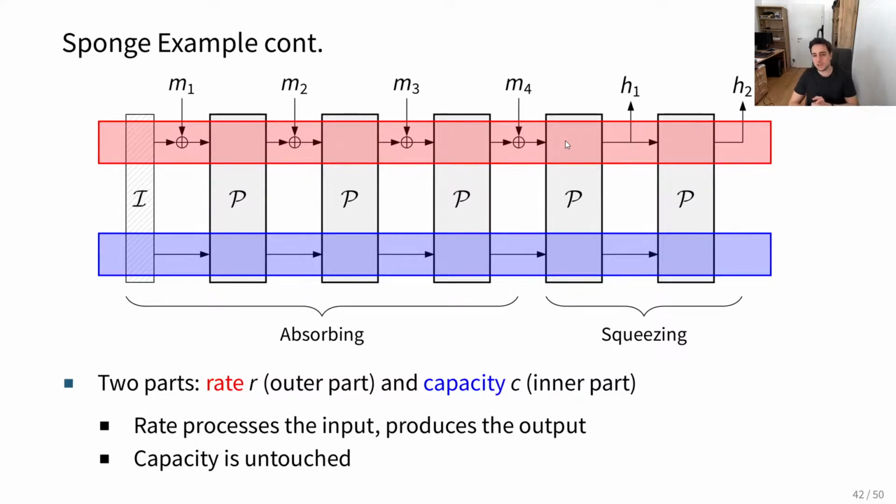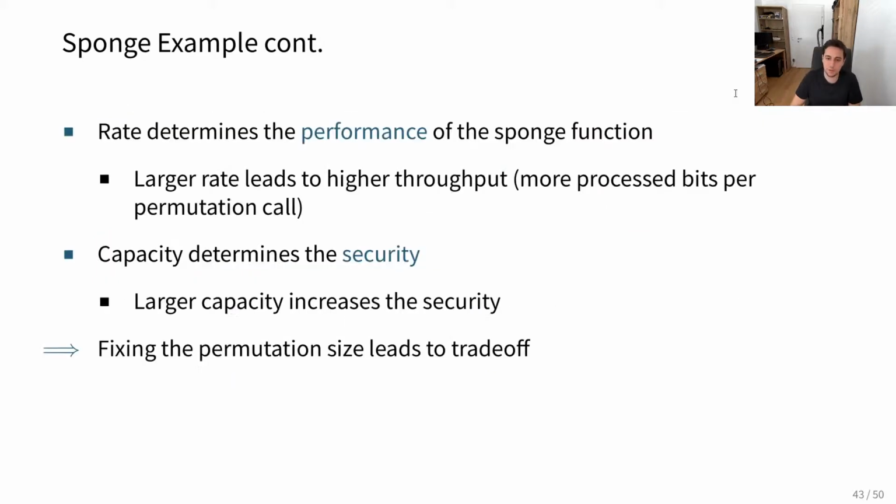But essentially, if we had more message parts, we would just add more of these steps here. So more permutation calls, more additions of the message parts, and at the end we would generate some outputs. The number of outputs we generate depends on the size of the hash value we want to have. But this is just an example.